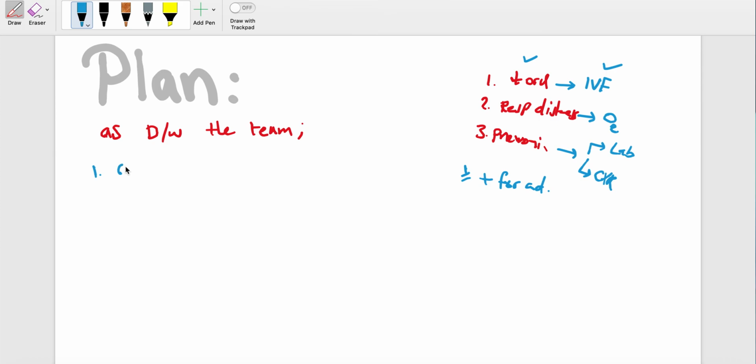Okay, let's say the plan of our patient during this day: 1, let's say off IV fluid. Actually, before IV fluid, because we want to write it down in order. So 1, observe vitals.